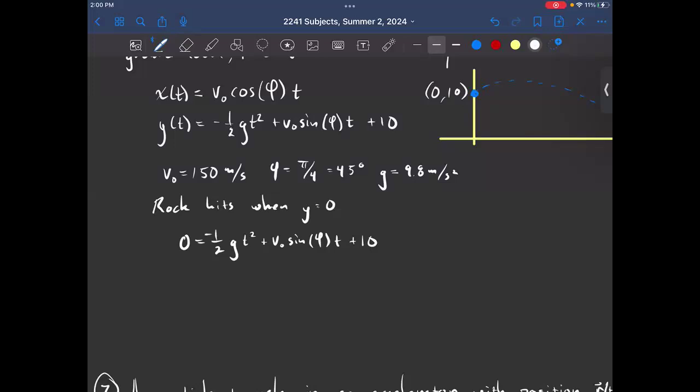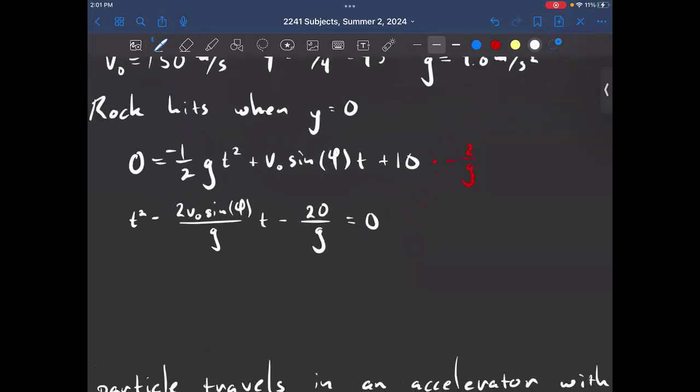If I multiply by minus 2 over g, I can cancel that leading coefficient and make it a monic. And so I get t squared minus 2v0 sine of phi over g, that looks familiar, t minus 20 over g equals 0. And now I solve this for t.